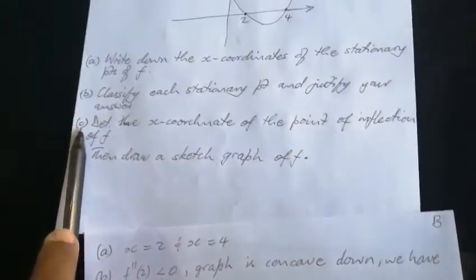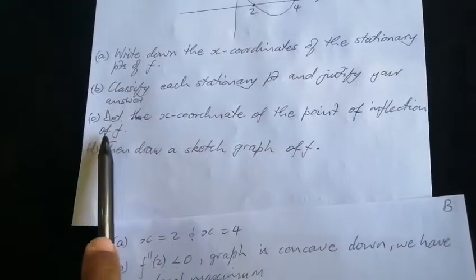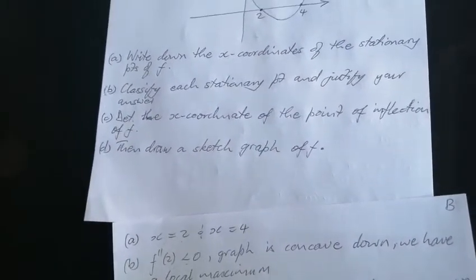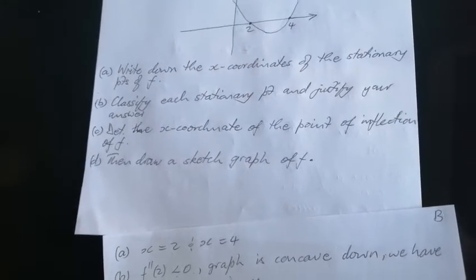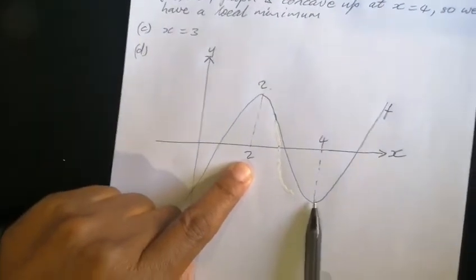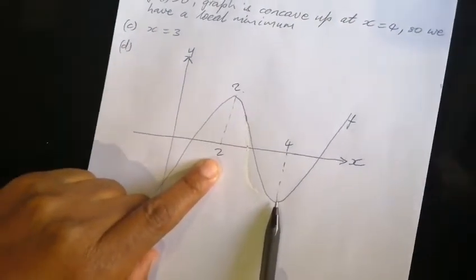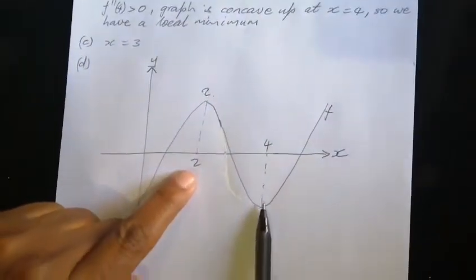Then part C is saying determine the x coordinate of the point of inflection of f. Whenever we have the x coordinate at one turning point and another x coordinate at the other turning point, what do we do? We just find the midpoint of these two. How do we do that?